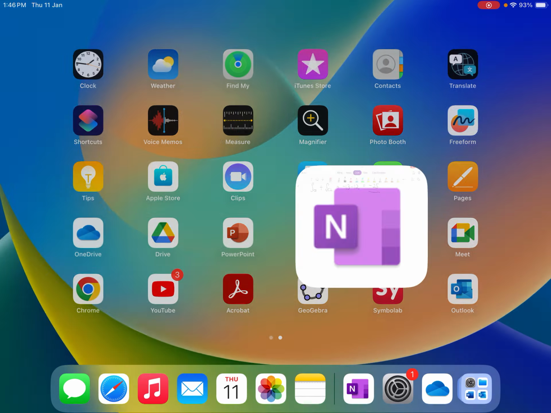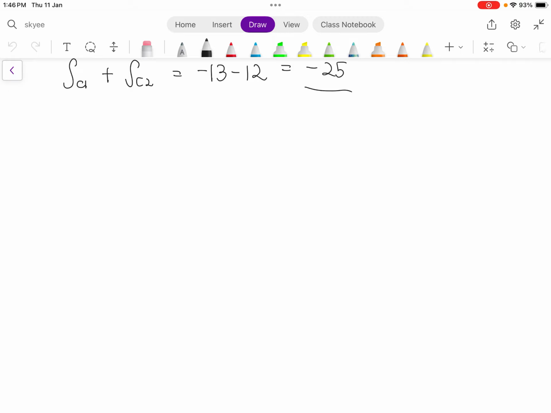First of all, let us jot down the important information. For question 4b, we have a paraboloid.